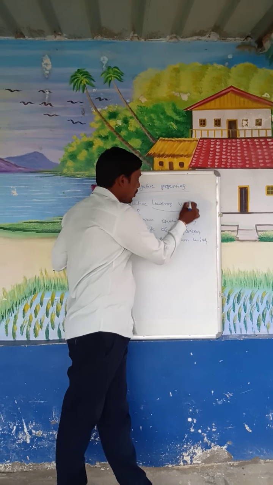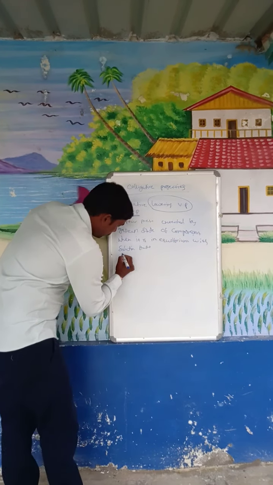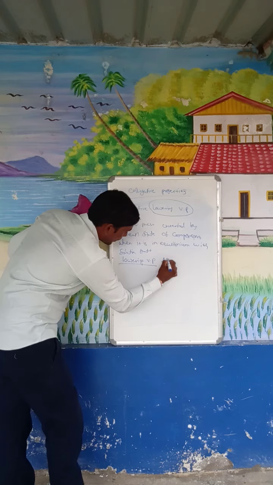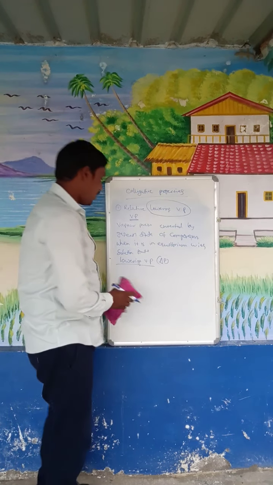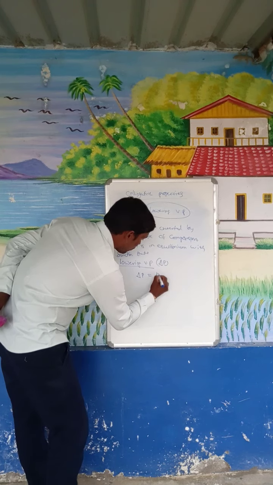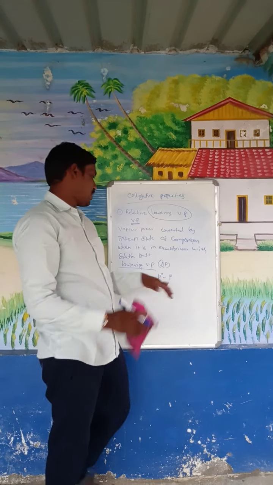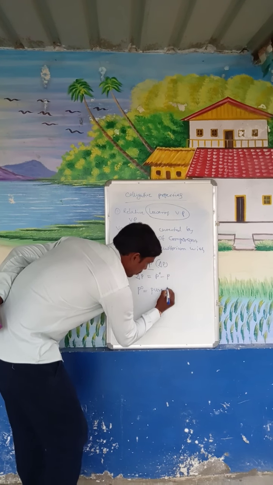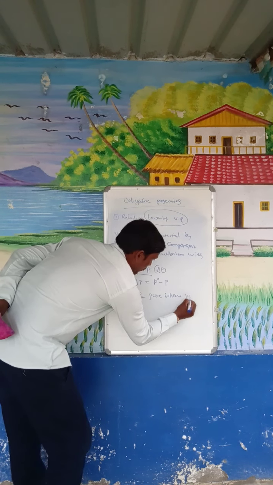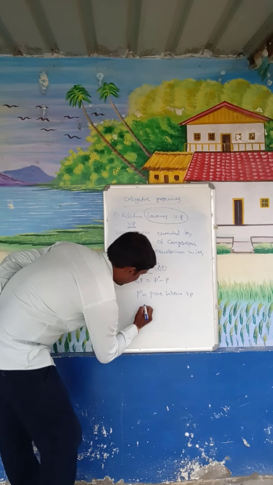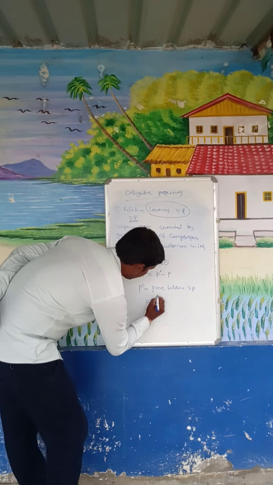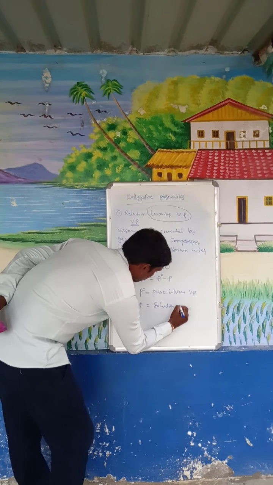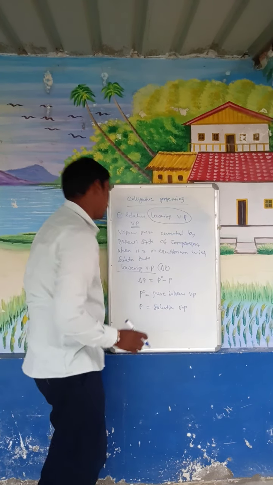Lowering of the vapor pressure is indicated by delta P. Delta P is the difference P naught minus P, where P naught is the pure solvent vapor pressure and P is the solution vapor pressure.